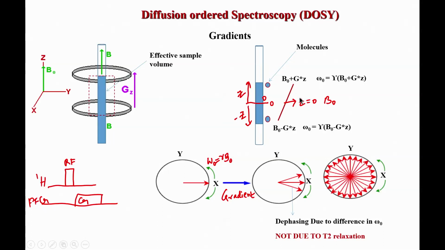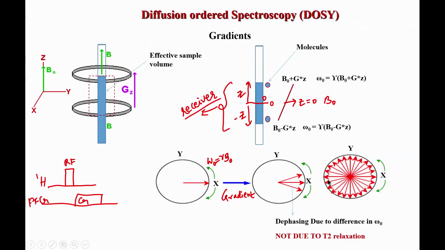So when you combine the signals, all of these signals are finally going to the receiver. But now the receiver is not going to get a single signal; it is going to get a signal which is completely dephased, because each molecule in the sample has a different omega naught, a different precession value.